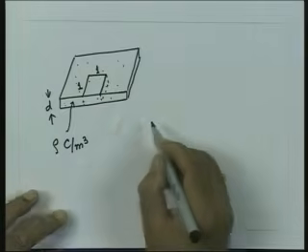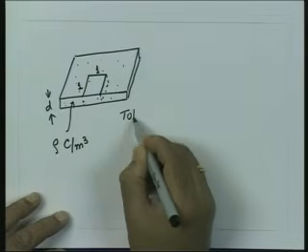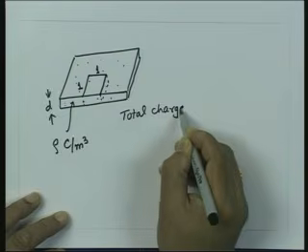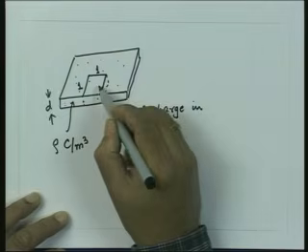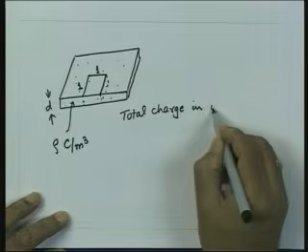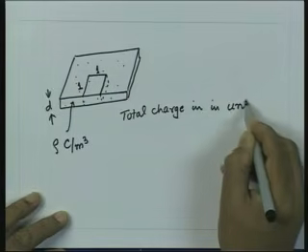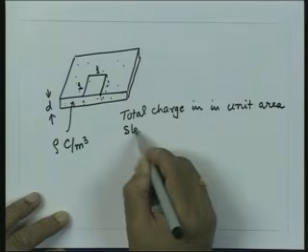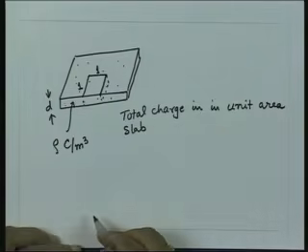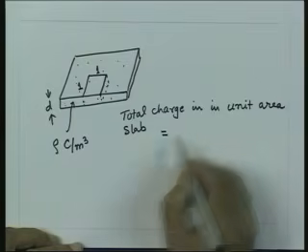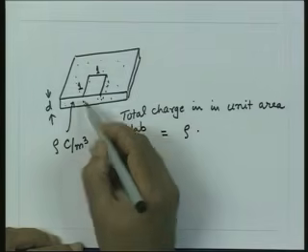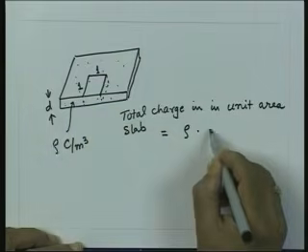So, I have total charge in this unit area slab, that will be equal to rho into the volume of this, which is 1 into 1 into d. So, that is equal to rho d.